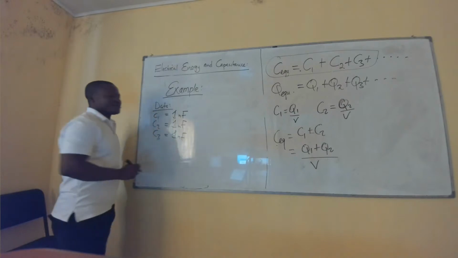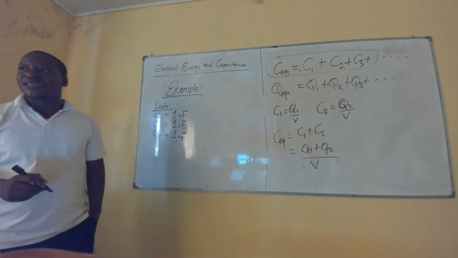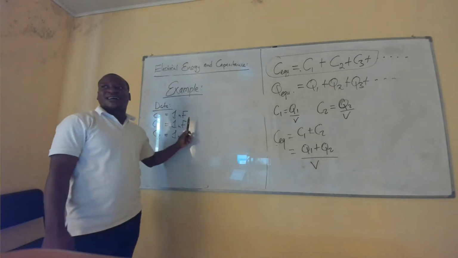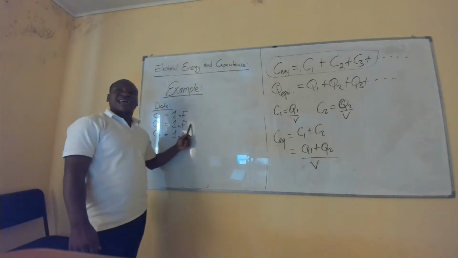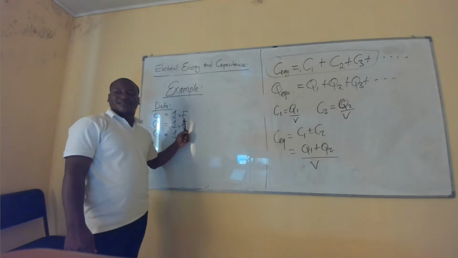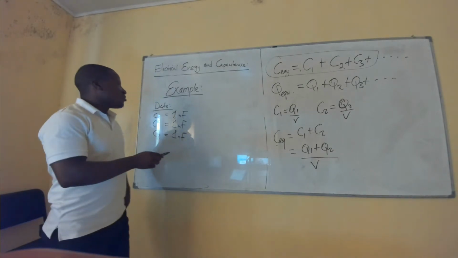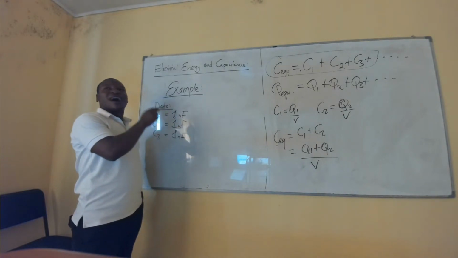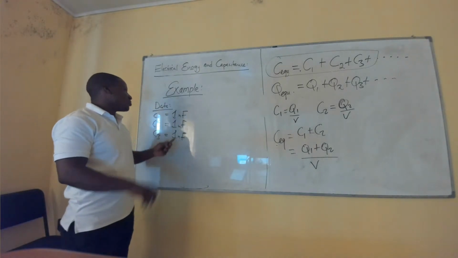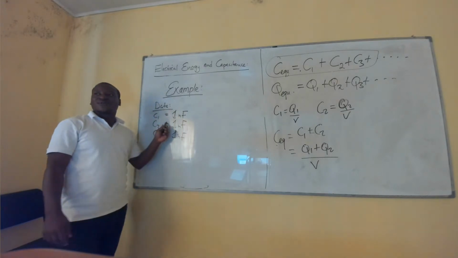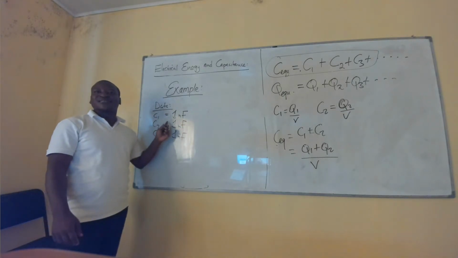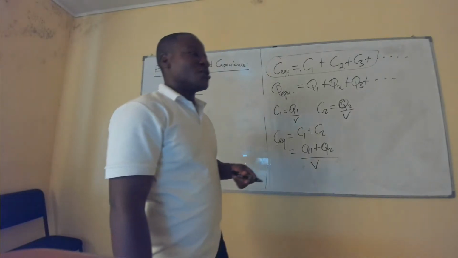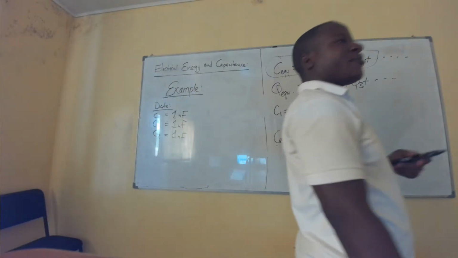So the question is asking you to say, at times, this question may not always appear under multiple choice. At times, you may be asked, even in section B, to say, you have been given some capacitors, then you are asked to show how you can connect this so that the total capacitance is equal to a given figure. So a figure may be given to you to say you have been given 4 capacitors.